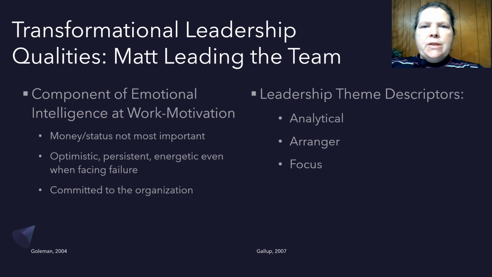When considering transformational leadership qualities needed and emotional intelligence, Goleman 2004 tells us that there are 5 components in emotional intelligence that one may consider. When considering Matt, his motivation is the most important quality that our team considers for him to bring to the table.